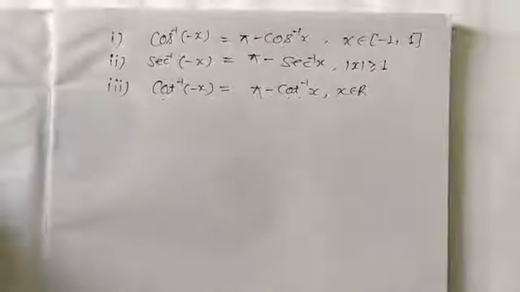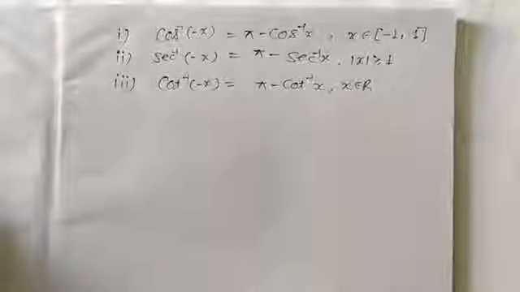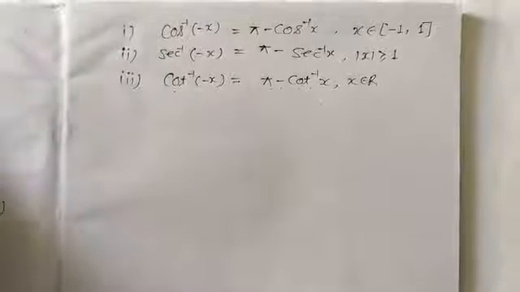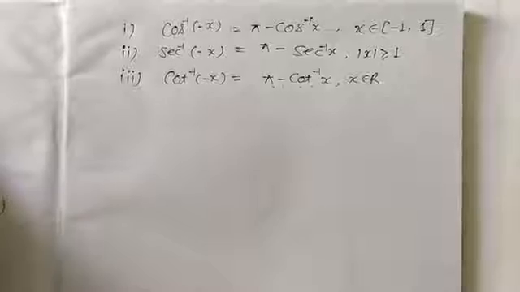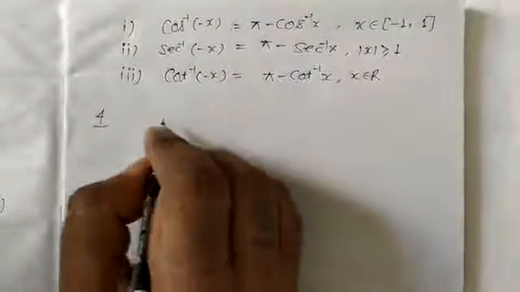After these properties, we have other properties you can prove also, and this will help you to solve the questions. This is the fourth type.